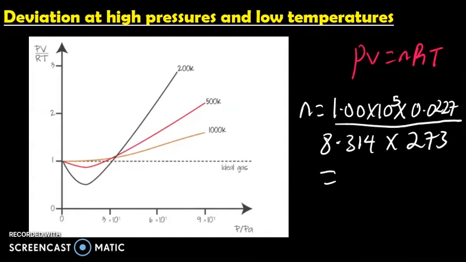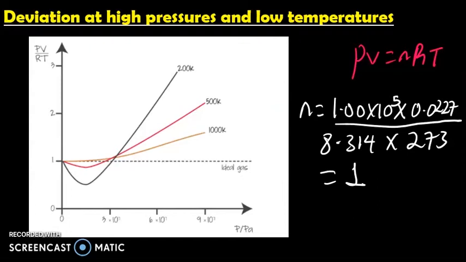After calculating this, you'll get 1. So this one is for the ideal gas, as you can see here. At 1 mole, or PV over RT equal to 1, this is the ideal gas.